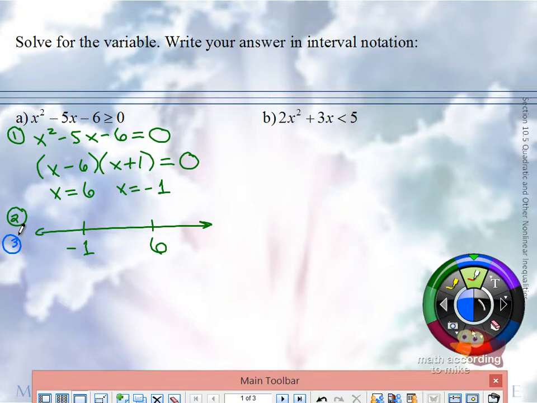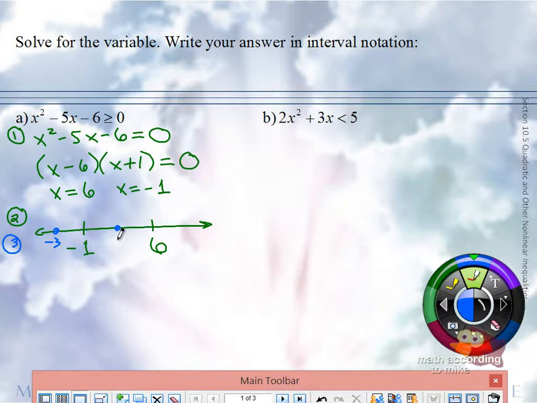So I would suggest doing one of 2 things, or both. Picking a different color, or using a different symbol, because you don't want to confuse your test numbers with your critical numbers. So I need a number that's less than negative 1. Negative 3, sure. I need a number between negative 1 and 6.